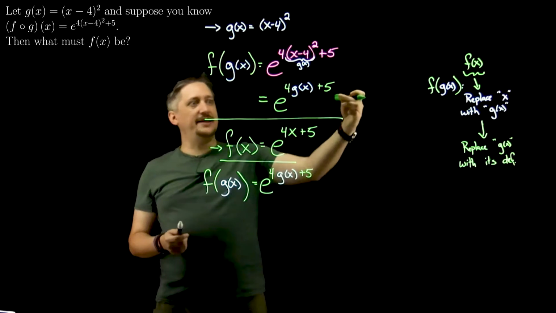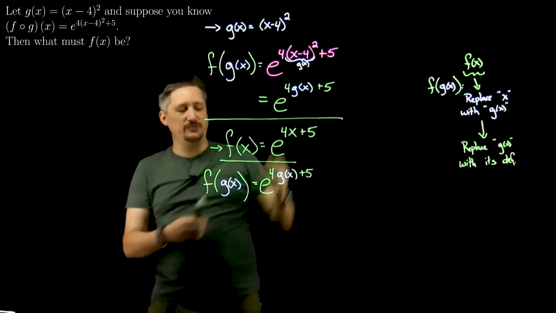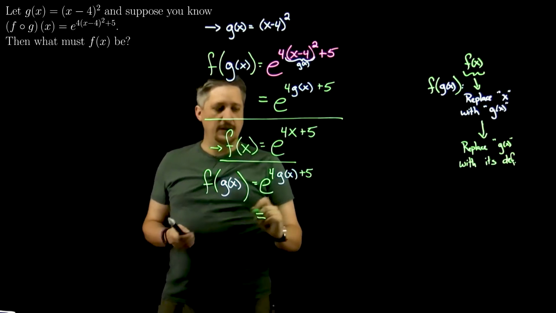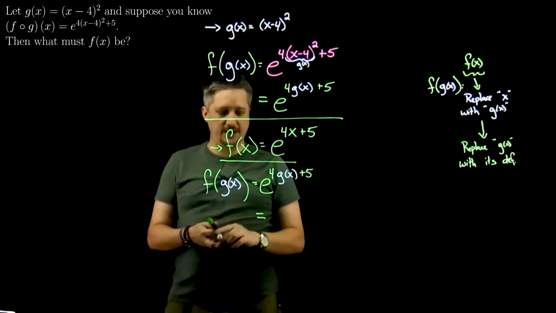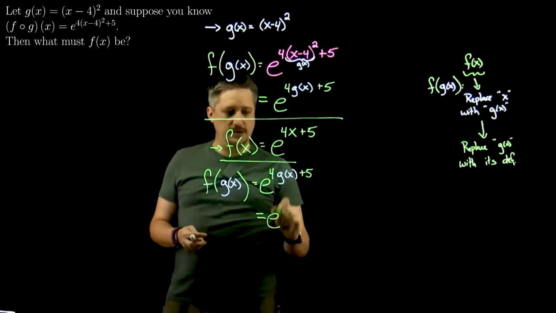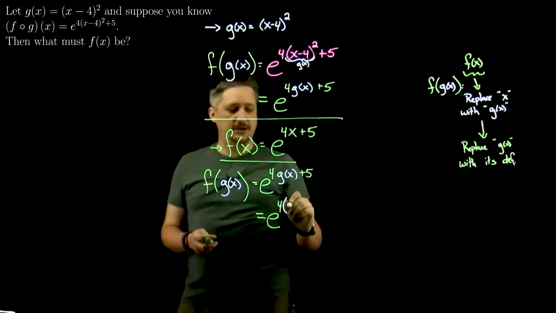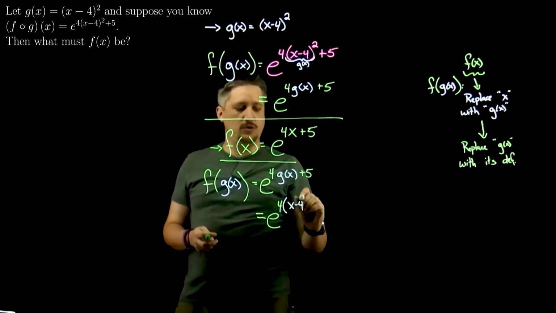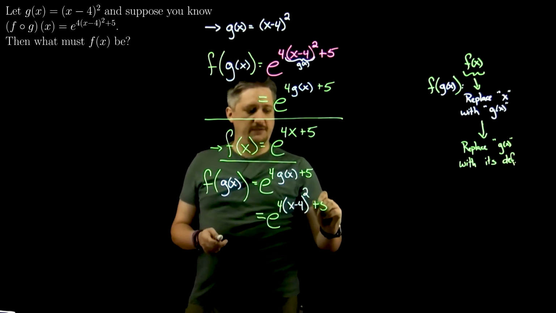My hope being that I then have the previous step to how I got f, which I do. That's a good sign. And then I take g and replace it with what g is. So I'm going to have e to the 4, and then the definition of g is x minus 4 squared plus 5.